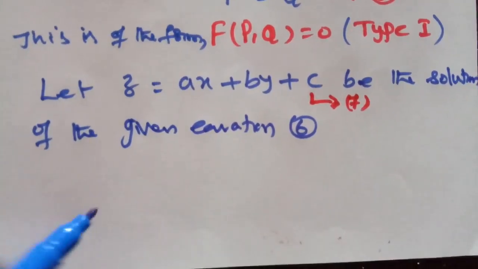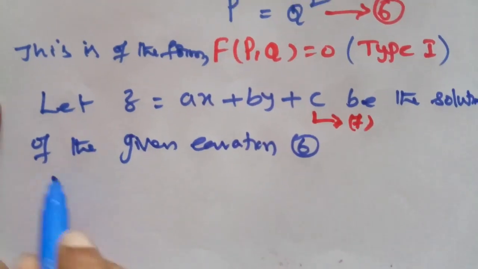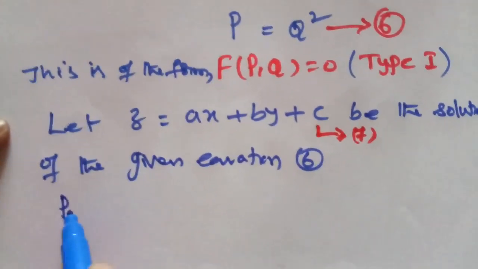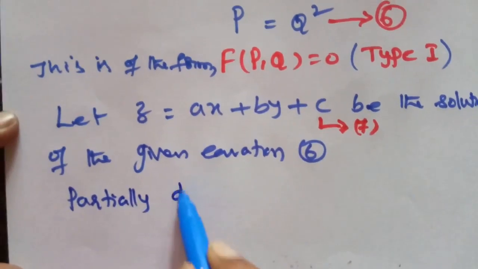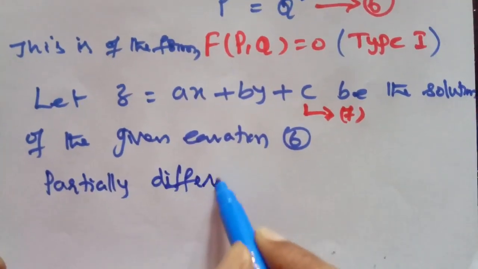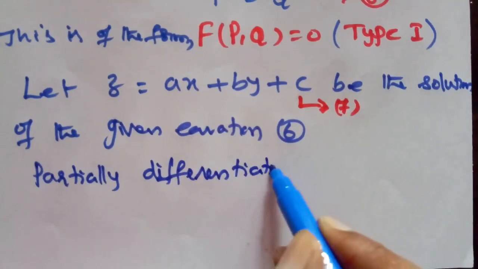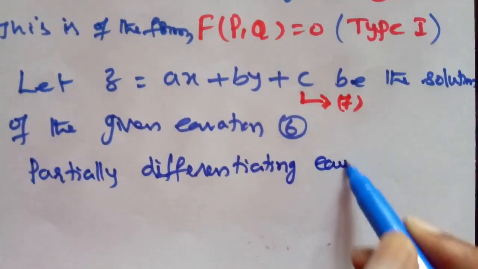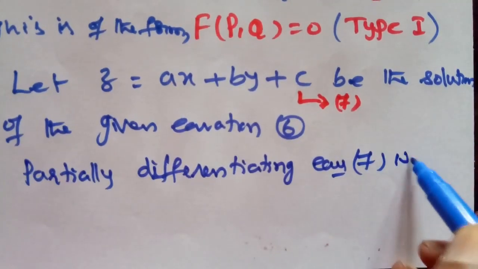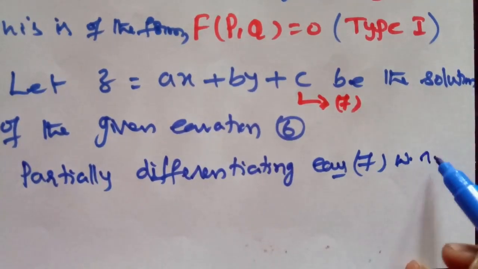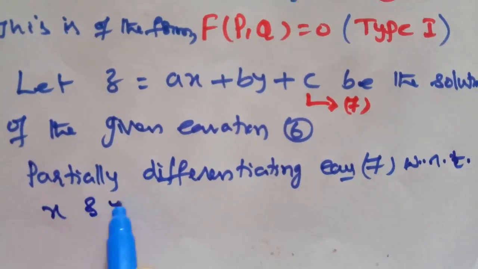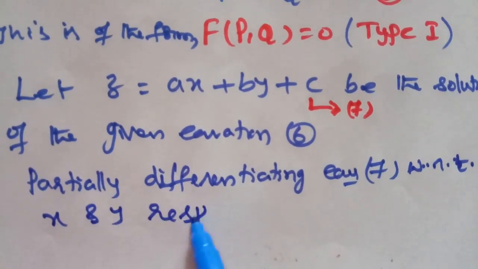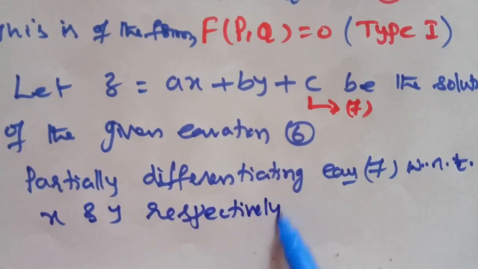Given equation. Now partially differentiating z with respect to x and y. Partially differentiating equation 7 with respect to x and y respectively.